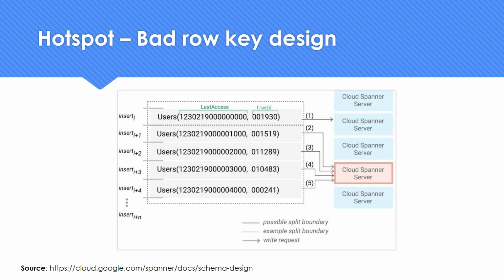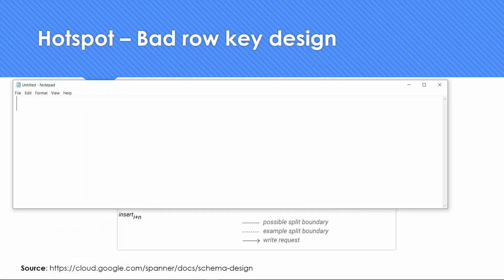So what you should do in a typical horizontally scalable system is this: write operations should be distributed. This is rule number 1.